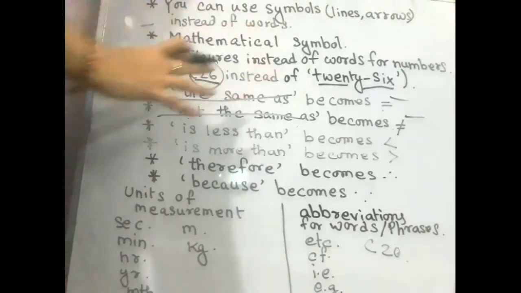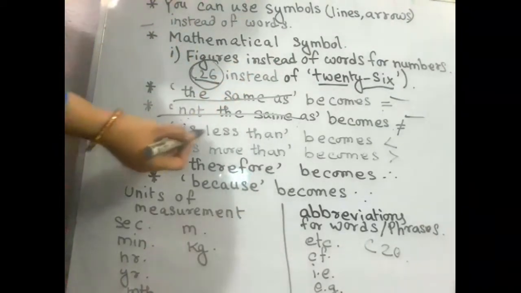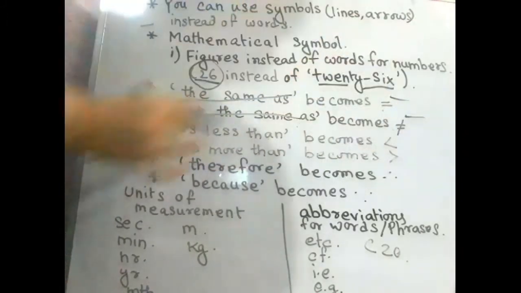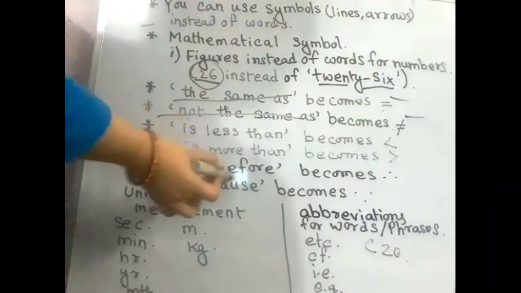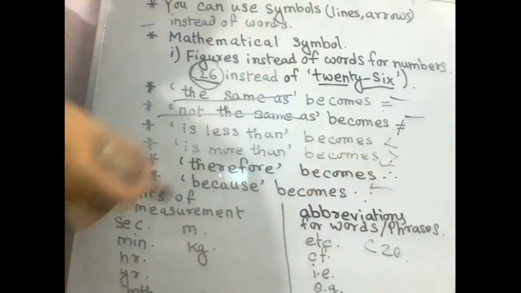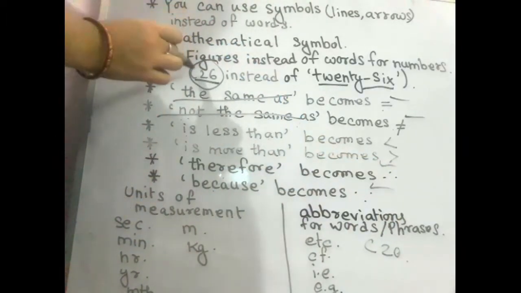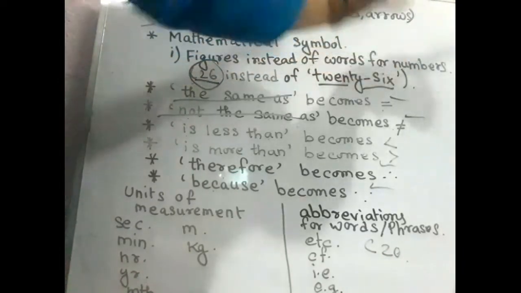So omit this long words. Okay. Then is less than becomes lesser sign, and is more than becomes greater sign. Therefore becomes this symbol. Okay, you can use this symbol. Because becomes this symbol. Another thing, see, you can use figures instead of words for numbers.